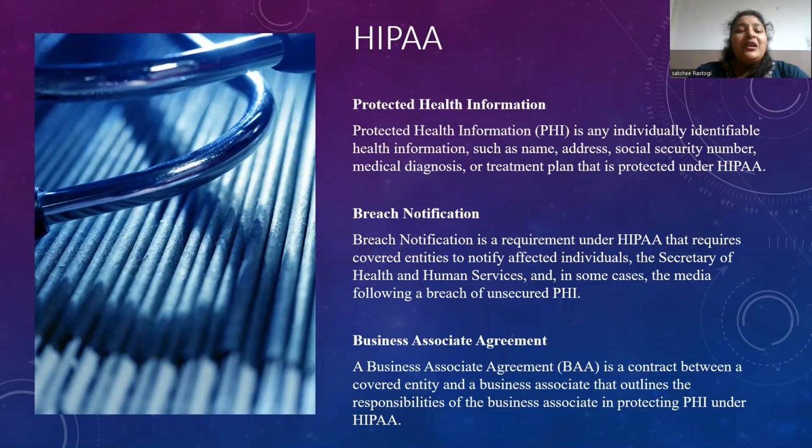So the timing of breach notification is as soon as possible and no later than 60 days under HIPAA, and within 72 hours under GDPR. It varies from state to state. For example, in California, you are required to notify within 15 days. So what are the consequences of failure to notify?